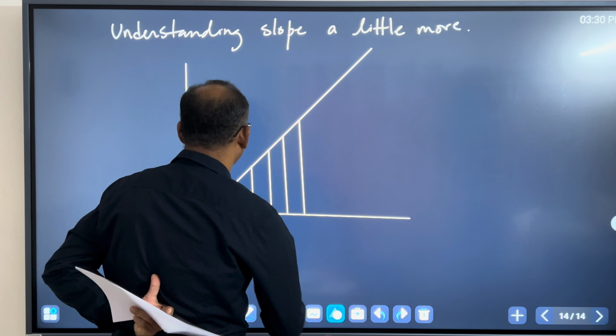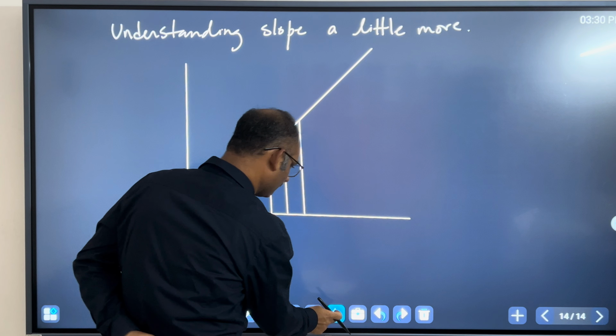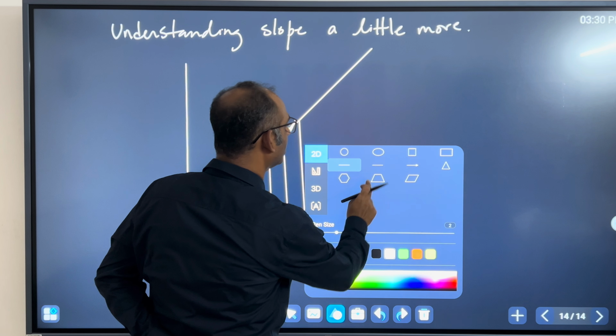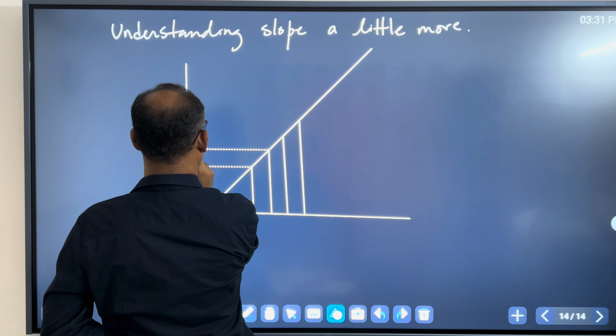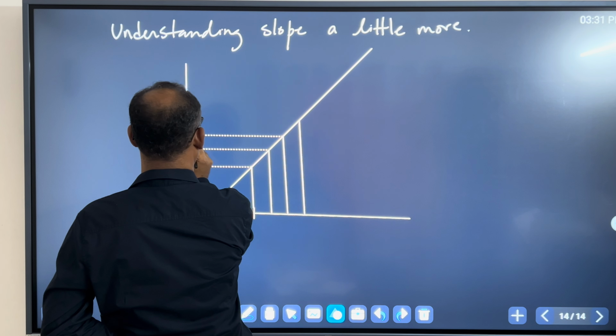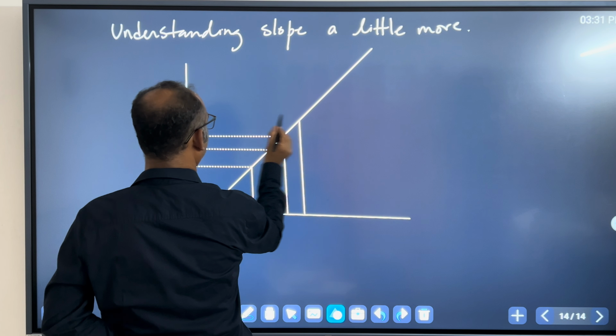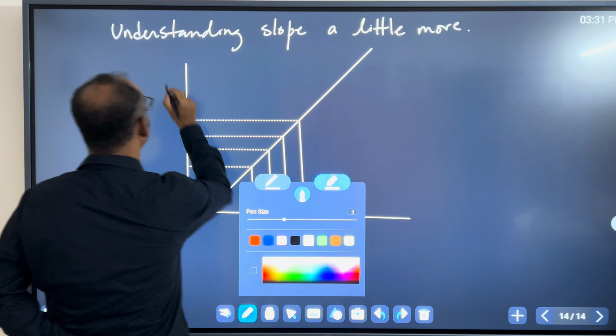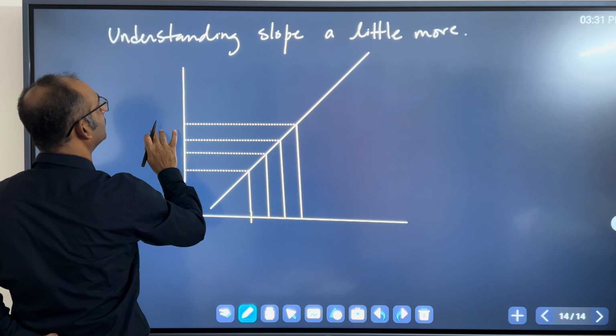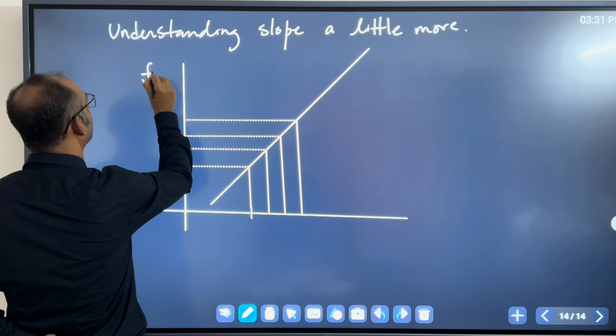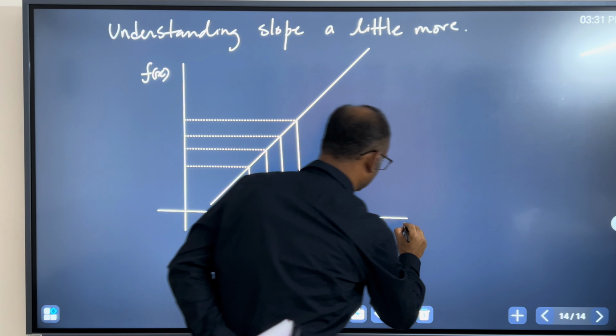Is that okay? Also, let's have some dotted points. So on the vertical axis, I have this. I hope it looks perpendicular. So that's f of x, that is x.